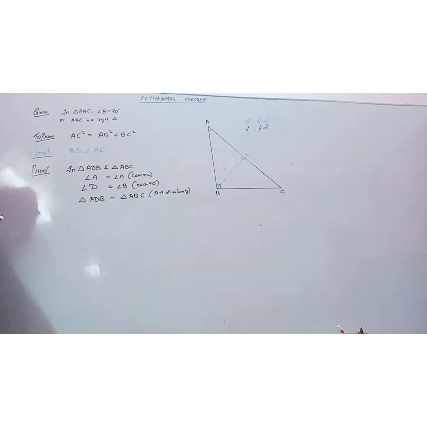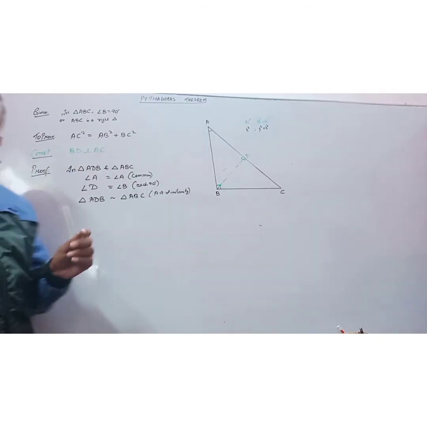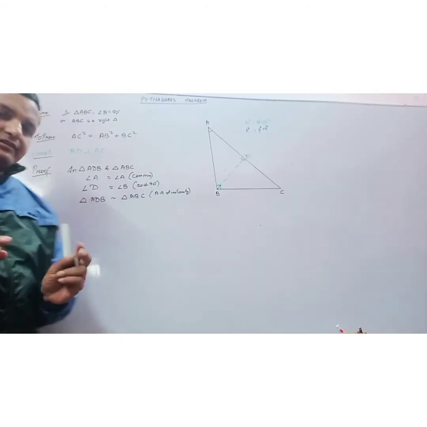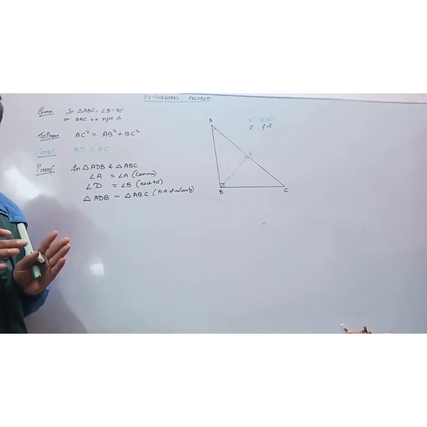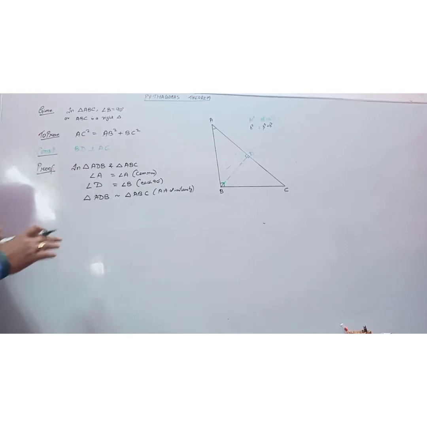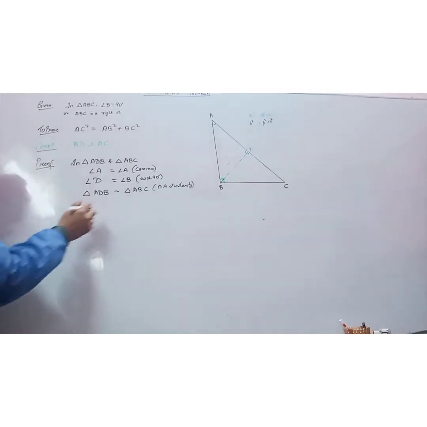Now these two triangles have been proven similar. Now we know that if two triangles are similar, then the ratio of the corresponding sides are always equal. Now I will make a small note over here.